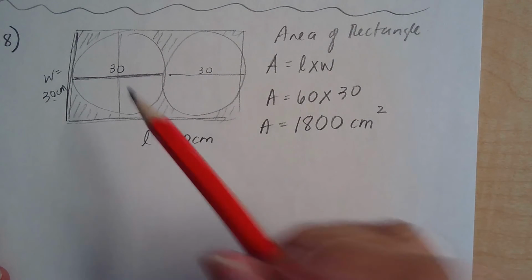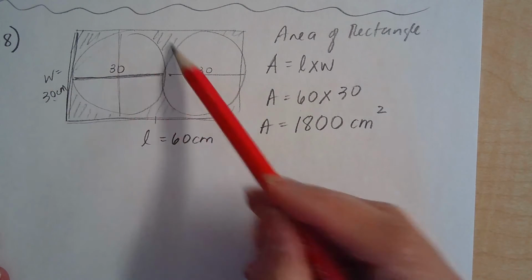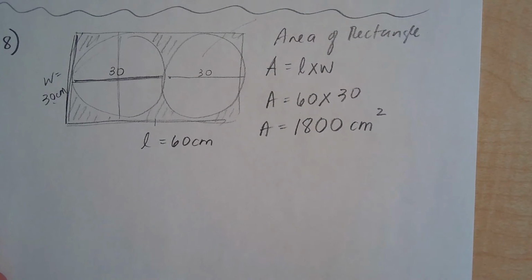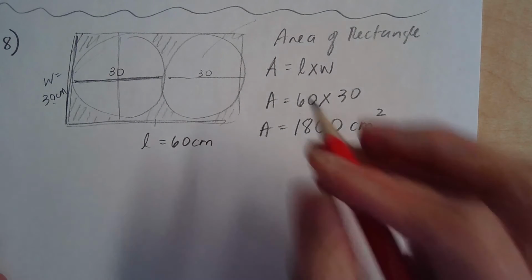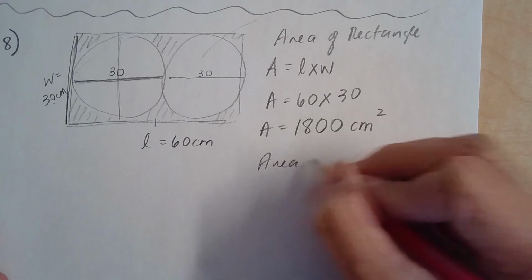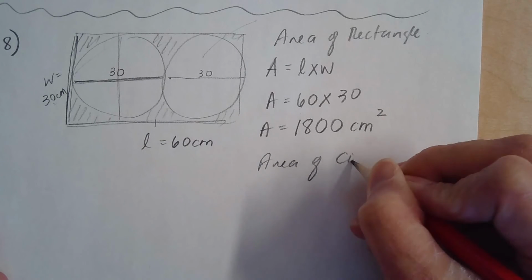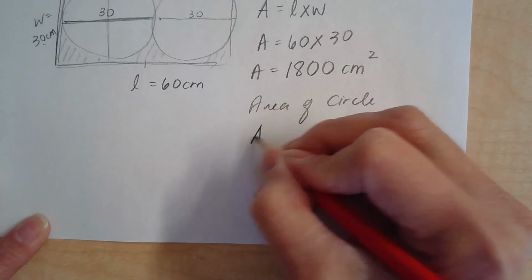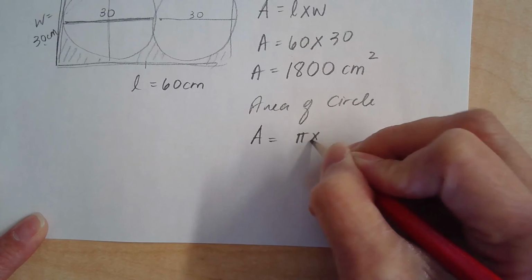What are we going to do? Well, we've got two circles in here that we have to take away. Let's figure out one circle first. So area of a circle. What's the formula for a circle? Pi times r squared.